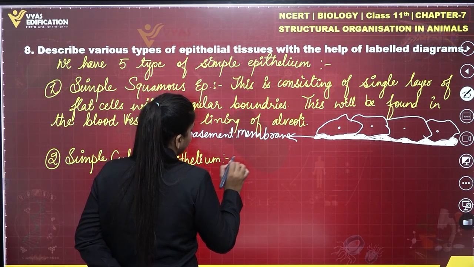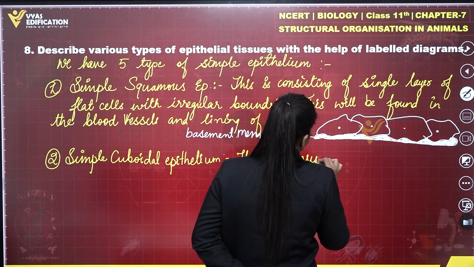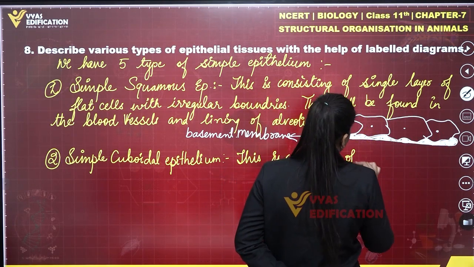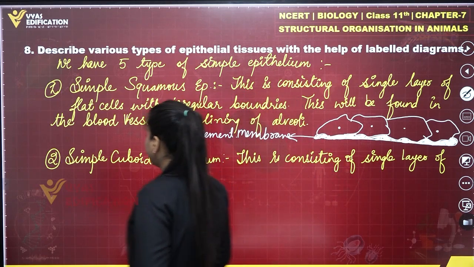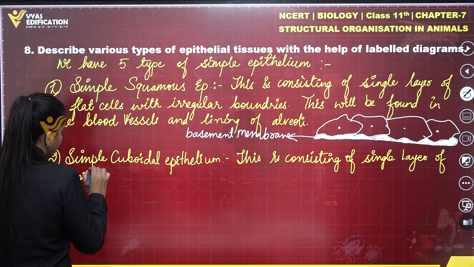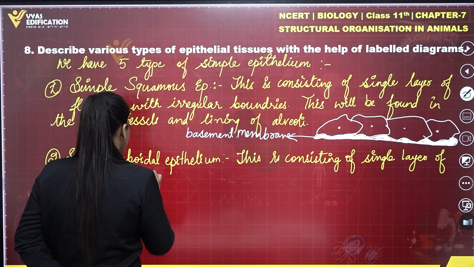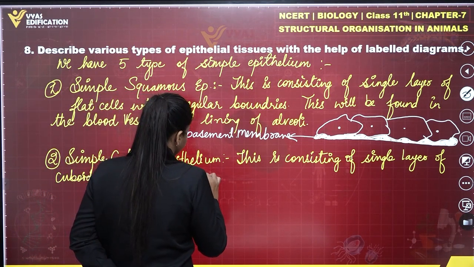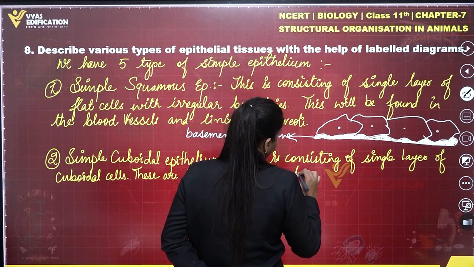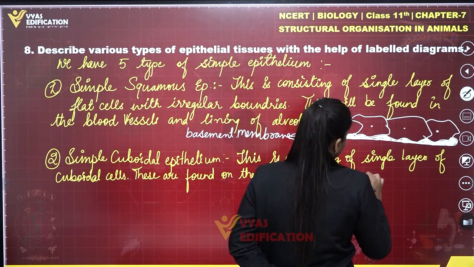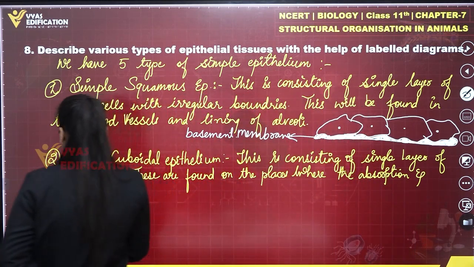Obviously this also consists of a single layer of cuboidal cells, and these are found in places where absorption and secretion take place.